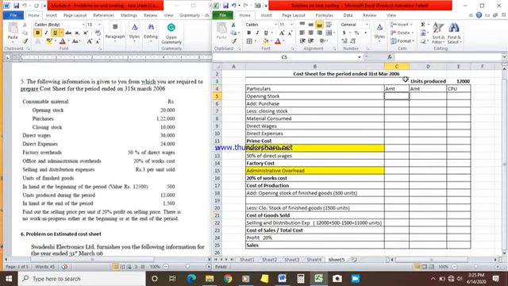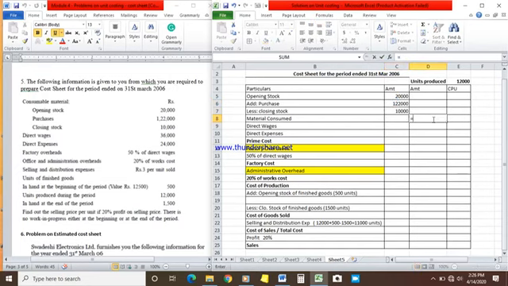So this is the format I have already prepared. So here we are going to mention the amount. The opening stock 20,000, purchases 1,22,000, closing stock 10,000.